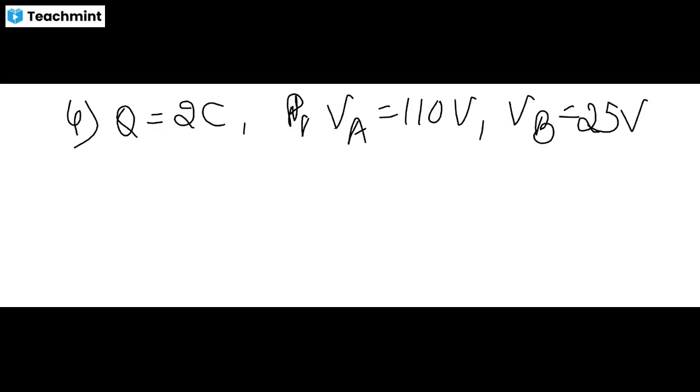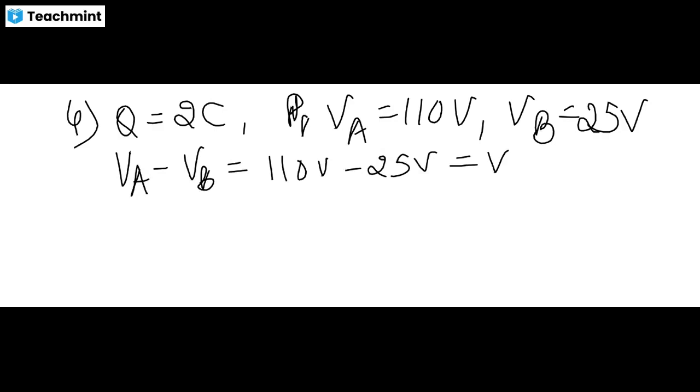When the potential difference is not given directly, but VA and VB are given, then how do you calculate it? We write the potential difference as VA minus VB, which is 110 volt minus 25 volt. Take that as the potential difference and calculate the amount of work done. Understood this one?